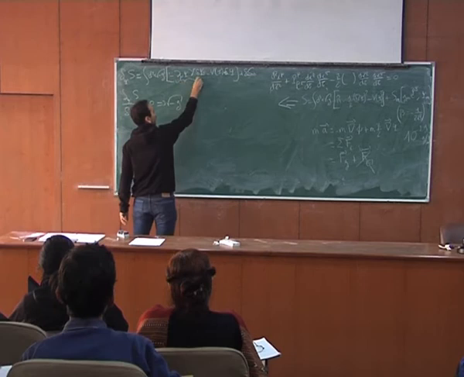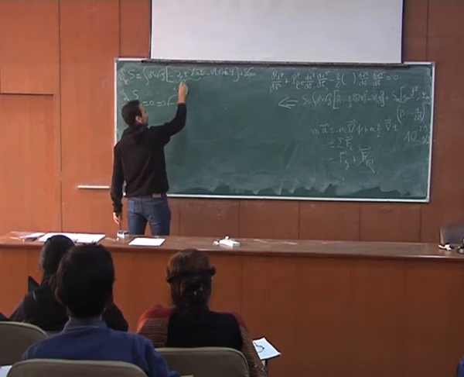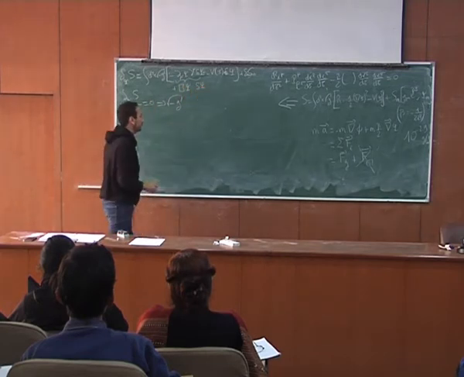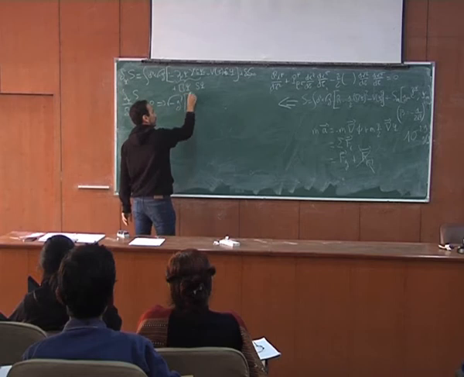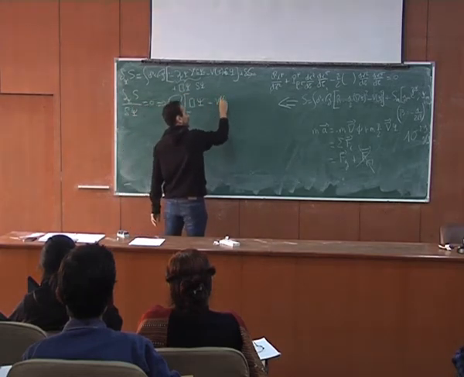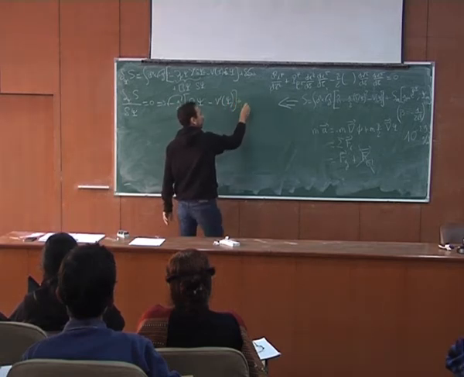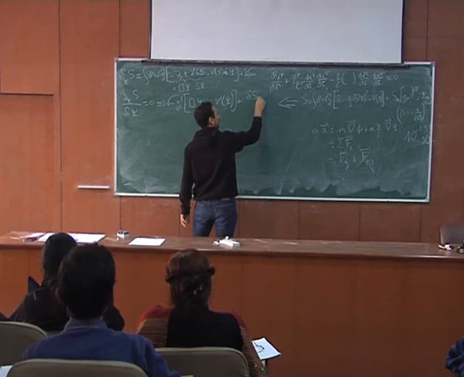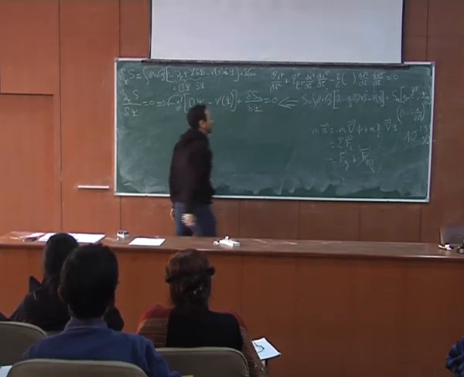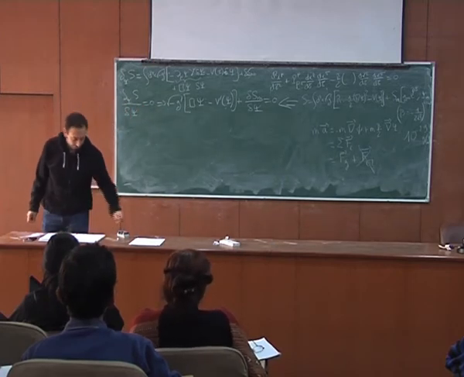Sorry, here you have to do an integration by parts, so it becomes plus box ψ δψ. So you get box ψ minus V'(ψ) plus δS_m. Okay, so this is going to be my equation.